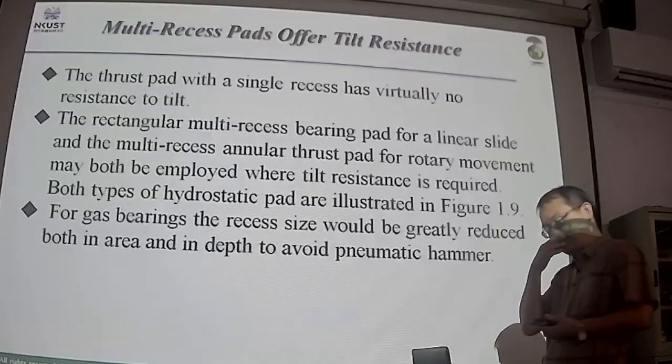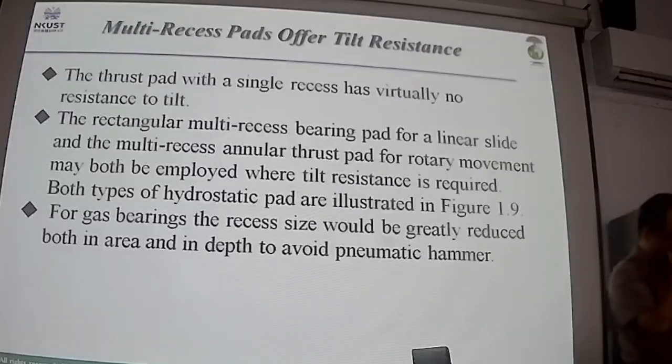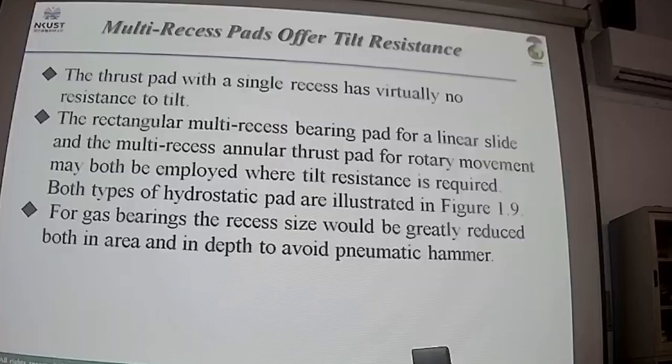I think there are some design rules for that. So you design how many recesses you need to have in one direction for a linear hydrostatic guideway system.